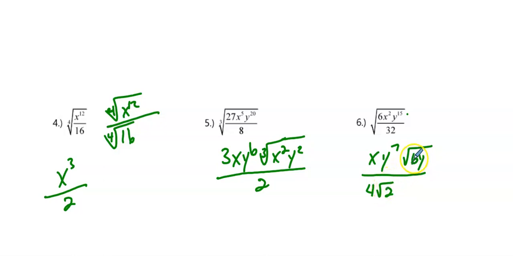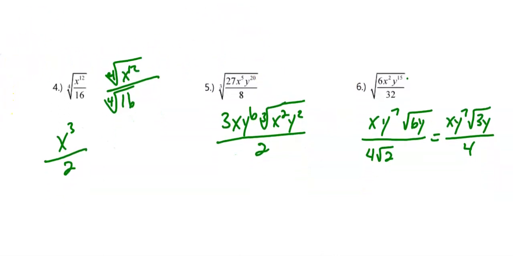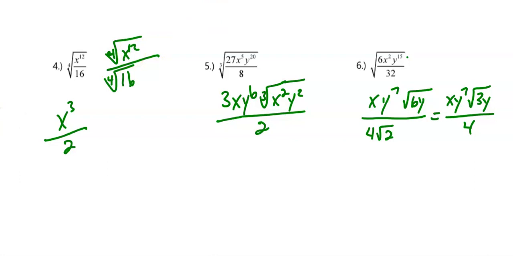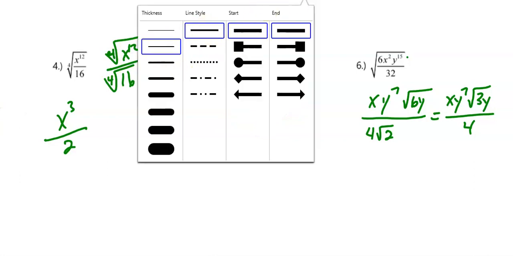So 6 divided by 2 is 3. So we're going to write this as x, y to the 7th square root of 3y all over 4.